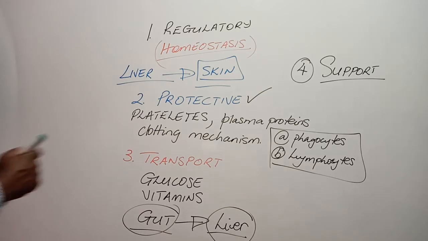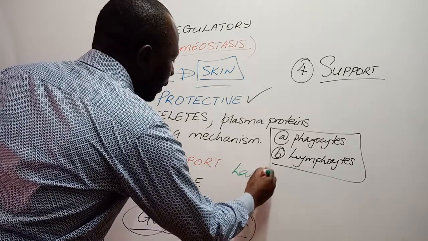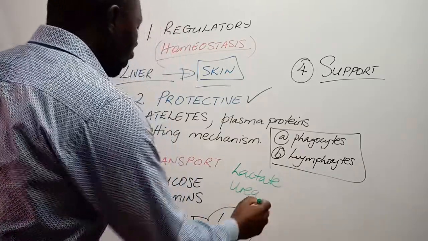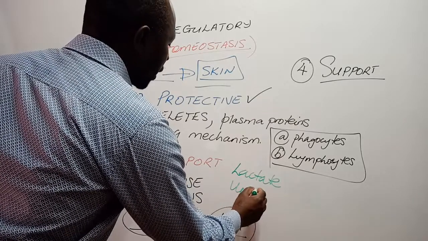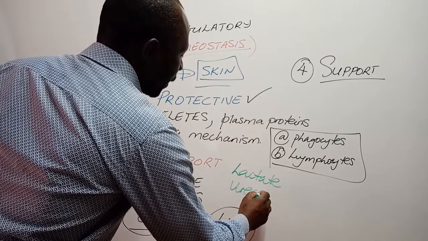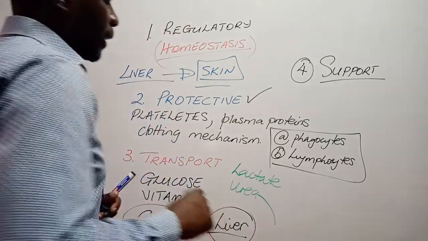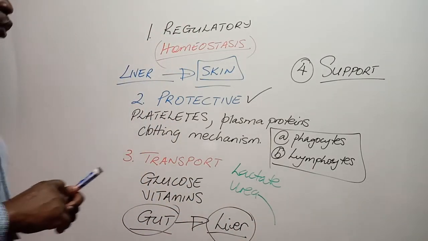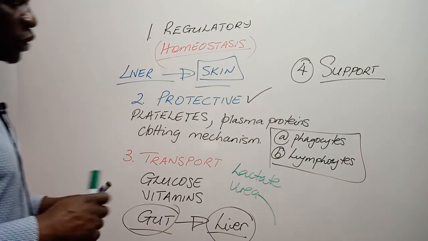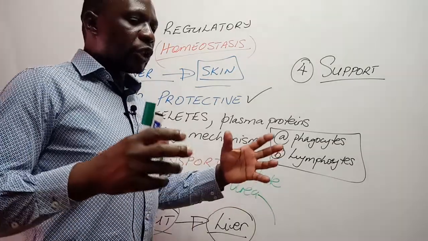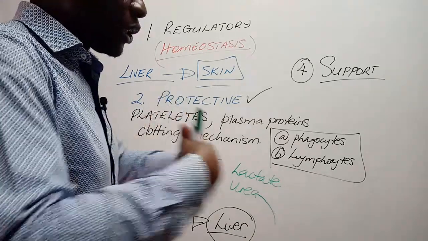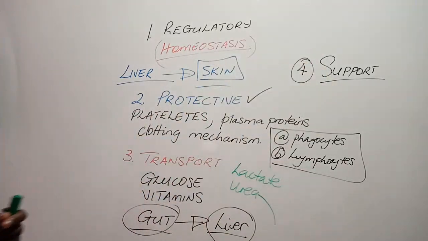So we say waste products, we've got lactate, we have got urea. Urea will be transported by blood, right? Processed in the kidney, then to the bladder for excretion. Lactate is transported by blood to the liver, where it is processed and then it is transported for excretion.